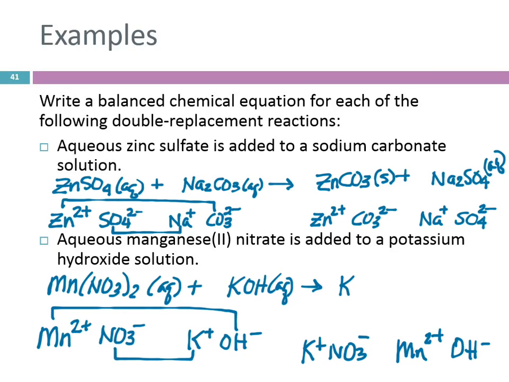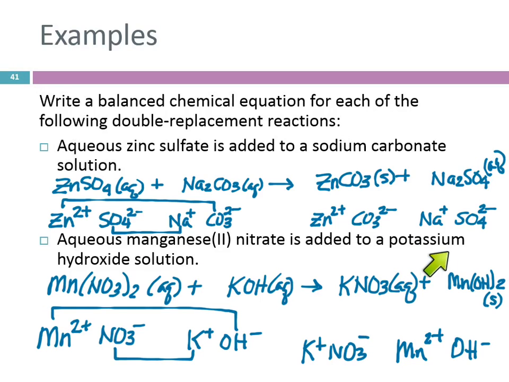So then we have to finish this. We're going to get KNO3. We determined that was soluble, so it's aqueous. And then we get Mn(OH)2 solid. Those are our products.